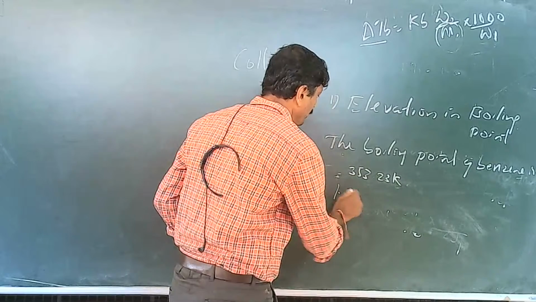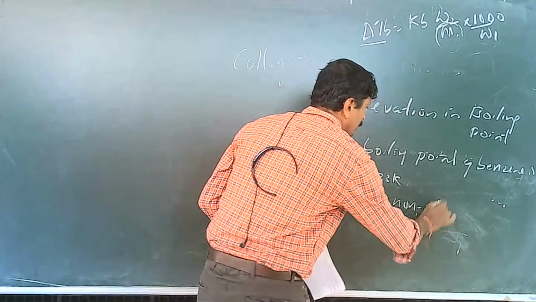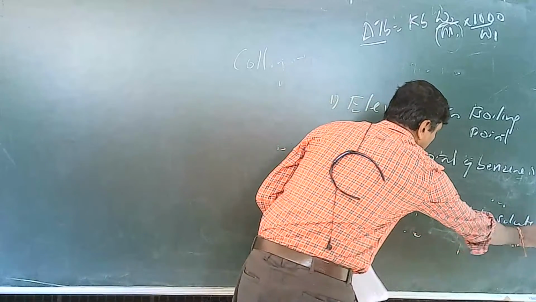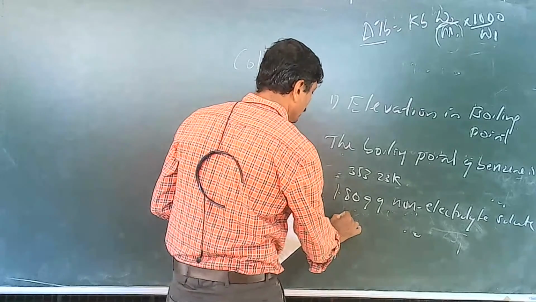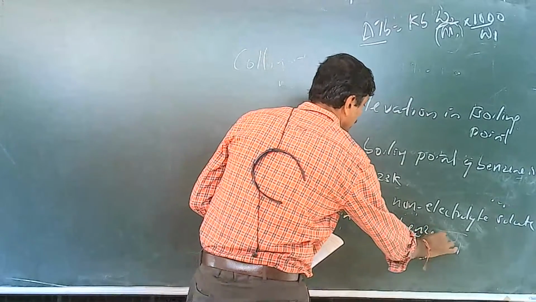And 1.80 gram of a non-electrolyte solute is dissolved in 90 gram of benzene.